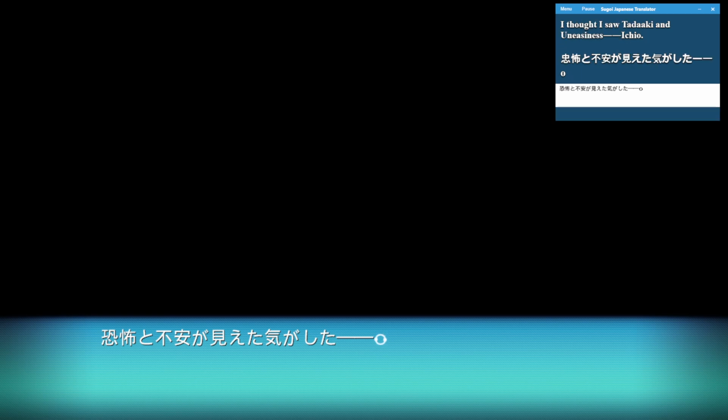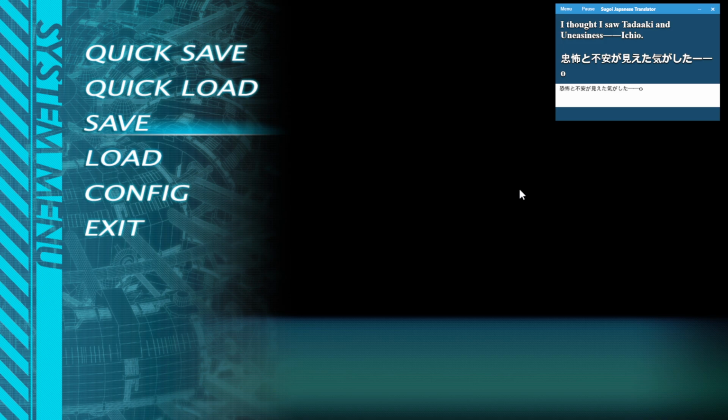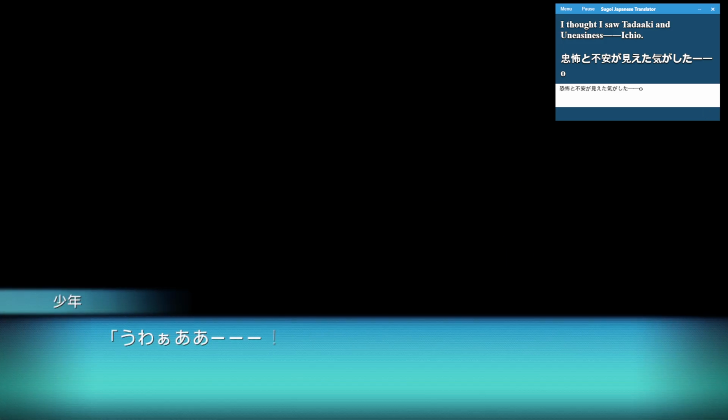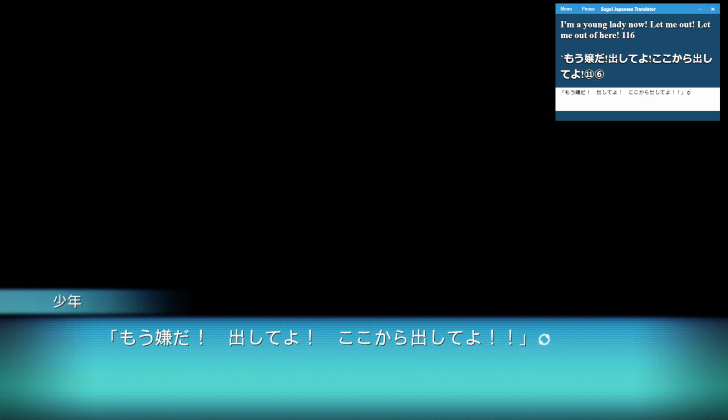The dark room attacked me, and in that moment I thought I saw something. It's anxiety again. I could see fear and anxiety. And I go, wah! Probably I'm scared. Let me out of here.